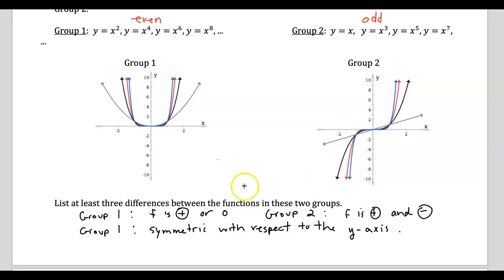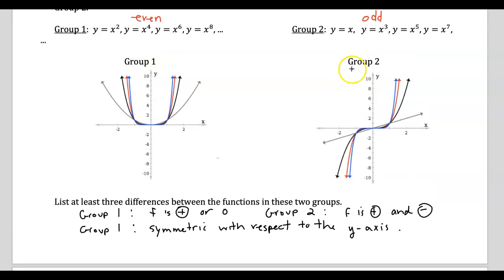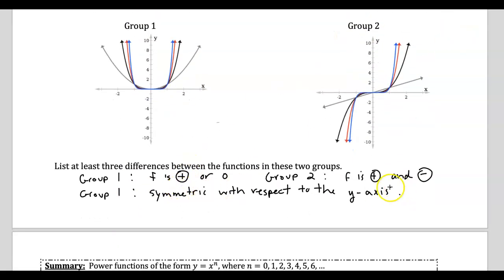Group 2 is not. Group 2 looks like it's symmetric with respect to the origin, right? Because they're odd. These are odd functions. So these are even functions.